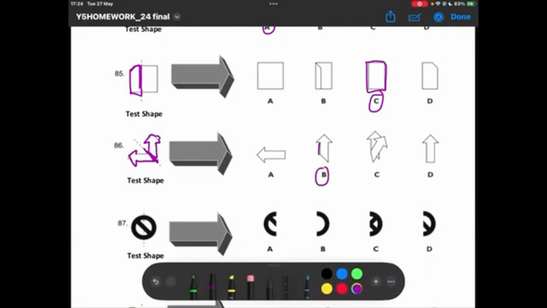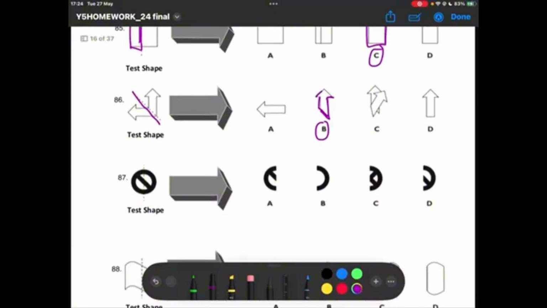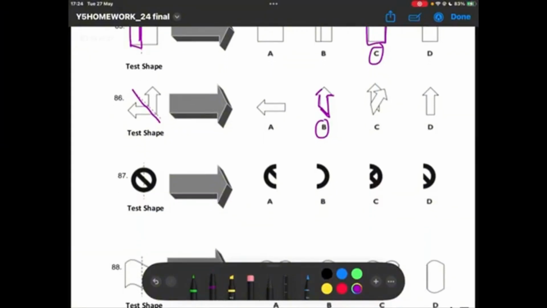So the answer is B. It's because the arrows are the same, and you're folding it straight down the middle. It's like a mirror line, so they're symmetrical. You're just going to end up seeing one arrow because they're fully folded on top of each other, but it's going to have that diagonal bit at the bottom.